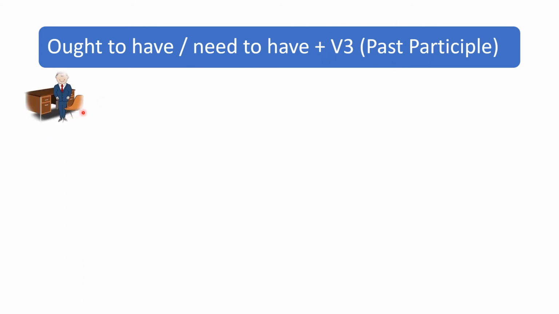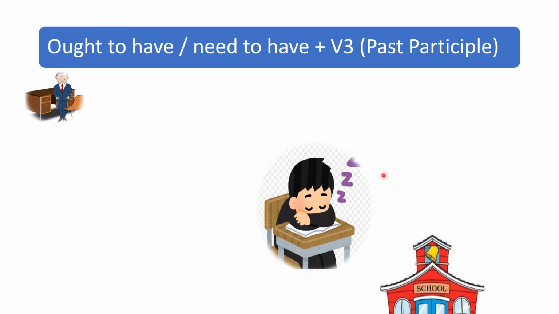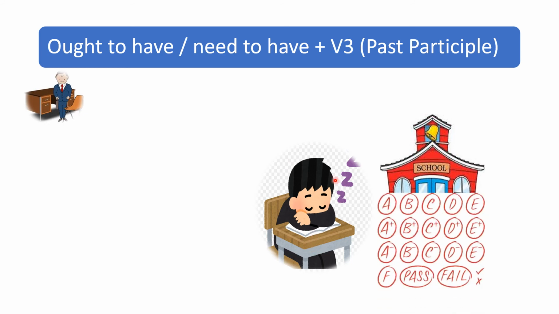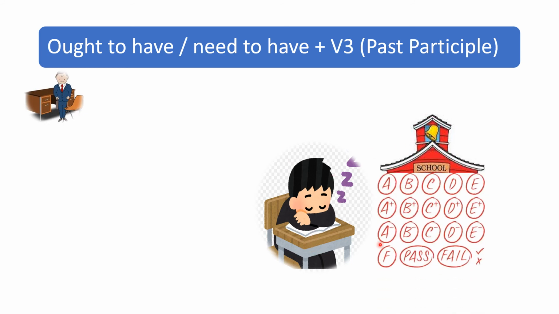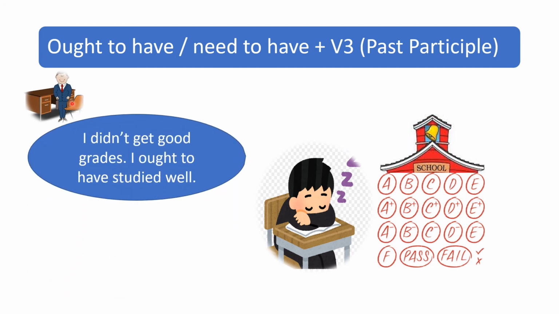The manager is thinking about his school life. What did he do? Sleeping? Did he get good grades? So he's thinking now, I didn't get good grades. Why? Reason, I ought to have studied well.